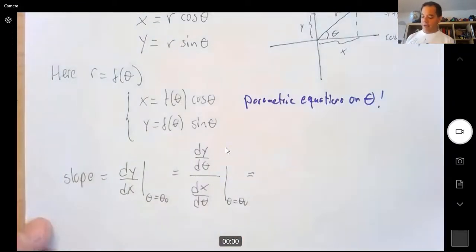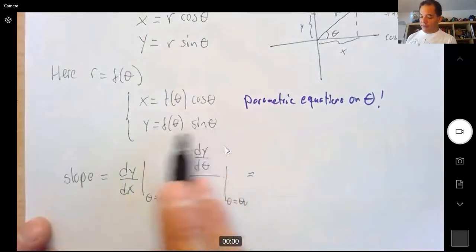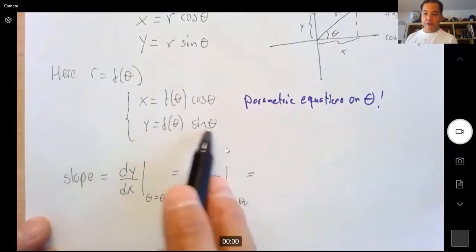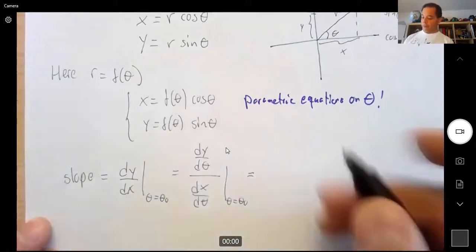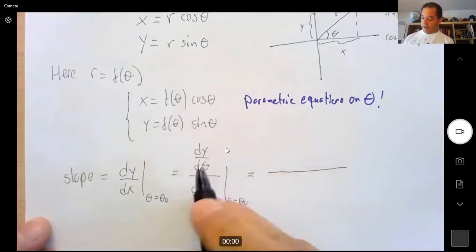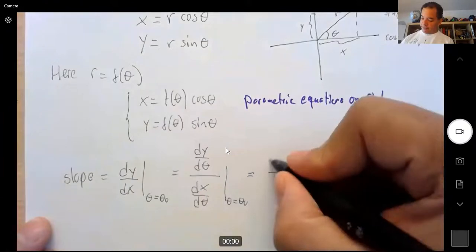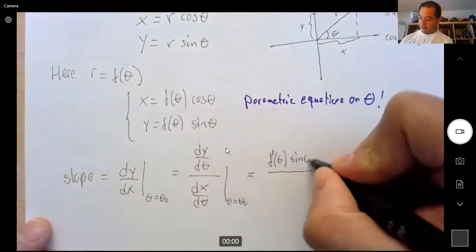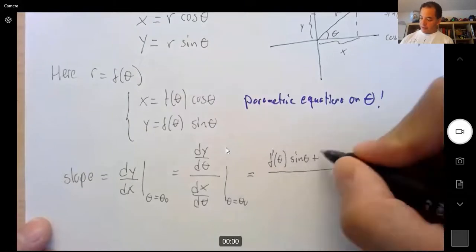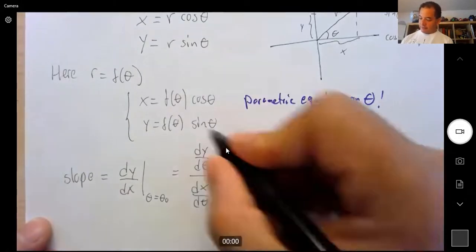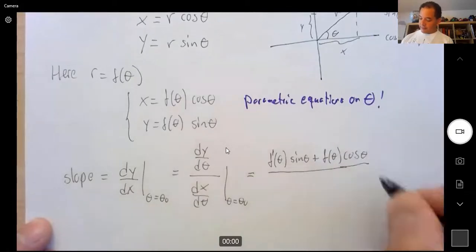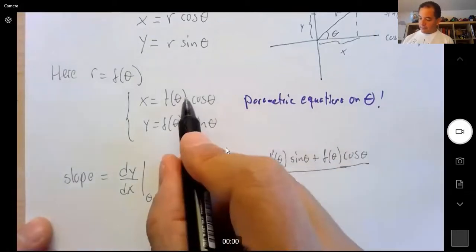And okay, so how do we do the derivative of y with respect to theta? Well, product rule. There are two functions here, so we follow the product rule. The derivative of the first one, that's f prime of theta, times sine, plus f times the derivative of sine, which is cosine, divided by the derivative of x.